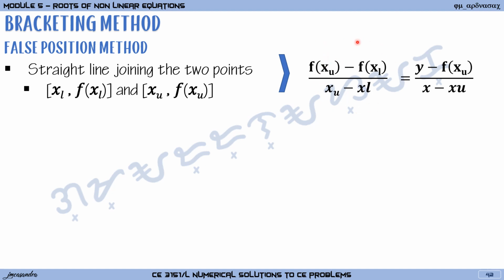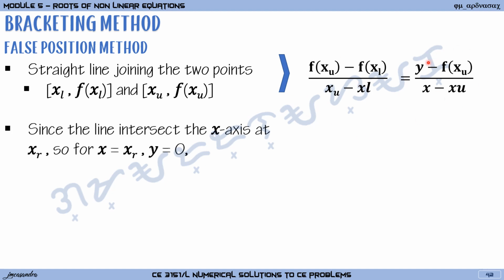This is the slope of the line connecting f(xl) and f(xu). Since the line intersects the x-axis at the root xr, x is now xr, and its equivalent y value is equal to 0.